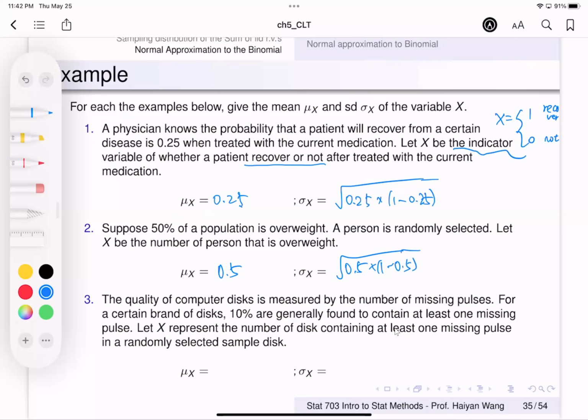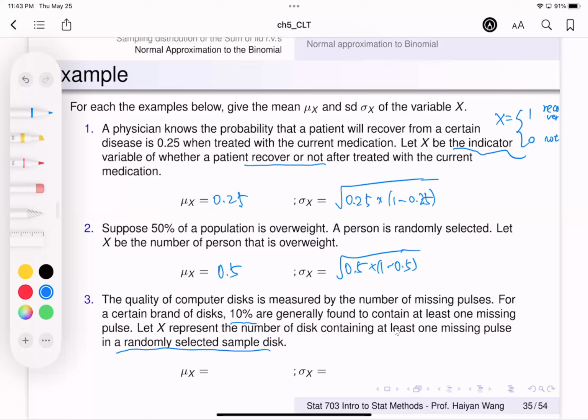The next one: the quality of a computer disk is measured by the number of missing pulses. For a certain brand of disk, 10% are generally found to contain at least one missing pulse. So here's the proportion for the population, 10% to have at least one missing pulse. Let x represent the number of disks containing at least one missing pulse, and this is talking about one randomly selected disk.